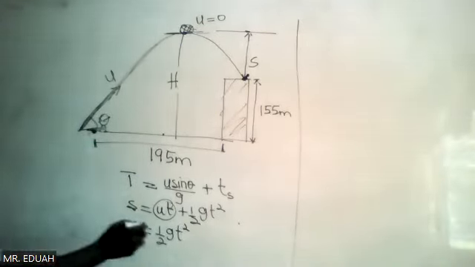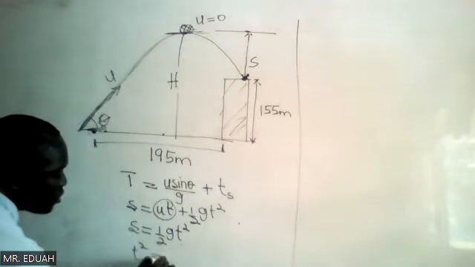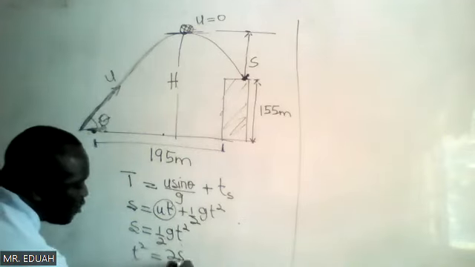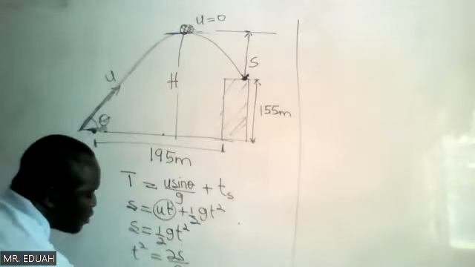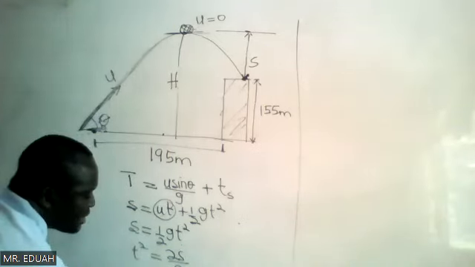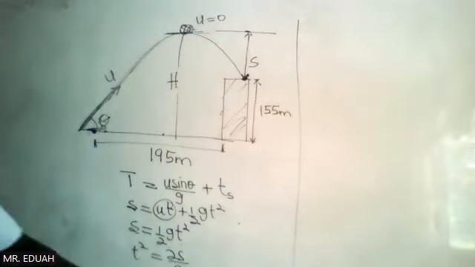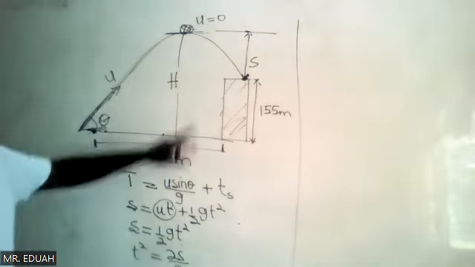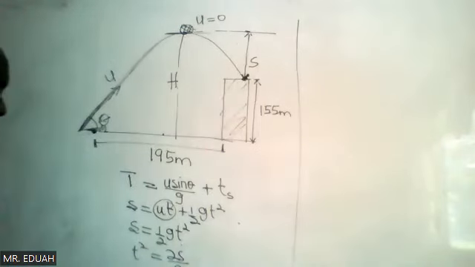Therefore, making T the subject, T squared is equal to 2S over g. T therefore is equal to the square root of 2S on g. And this gives us the time taken to move from the maximum height to the top of the tower.